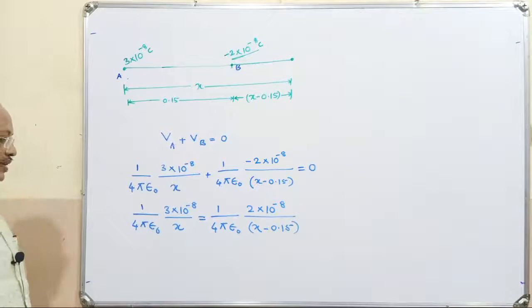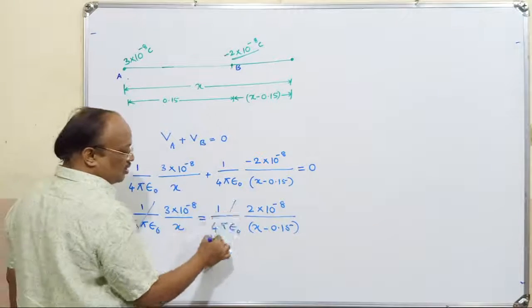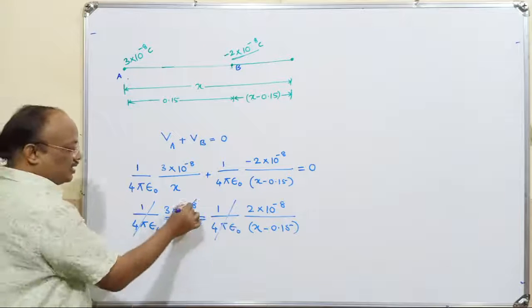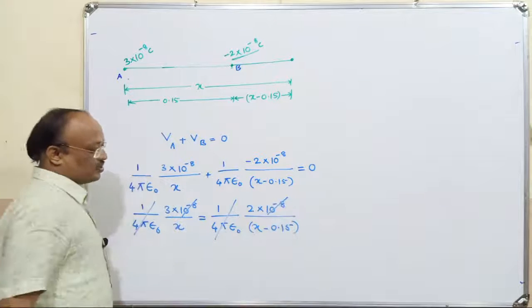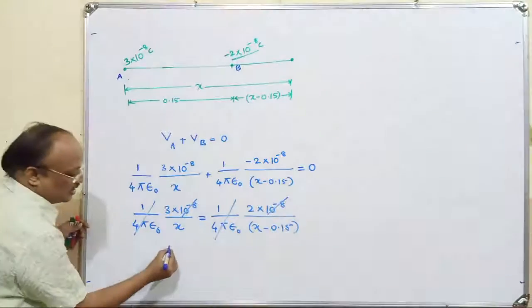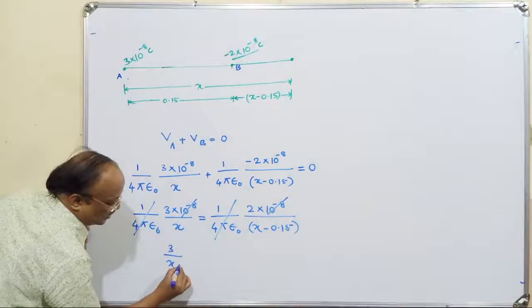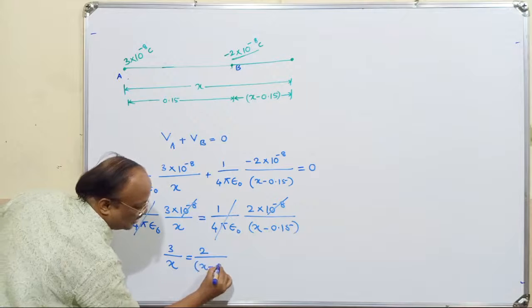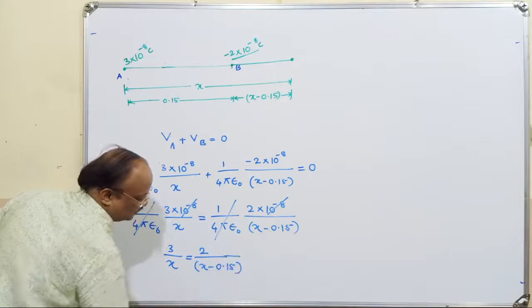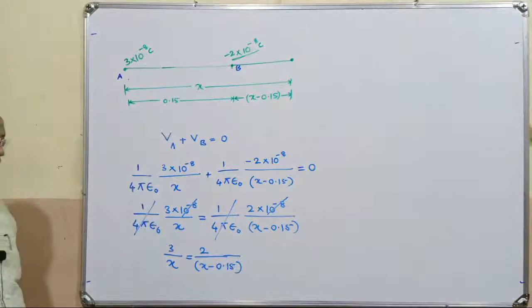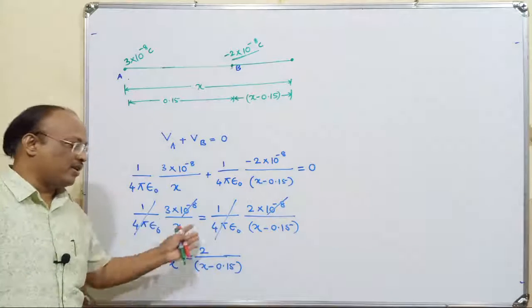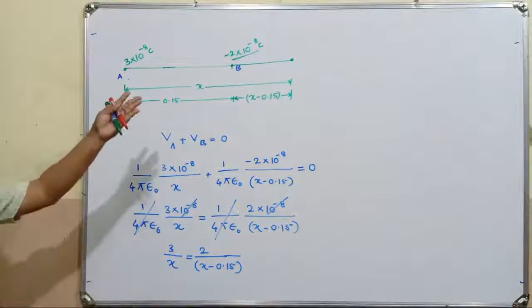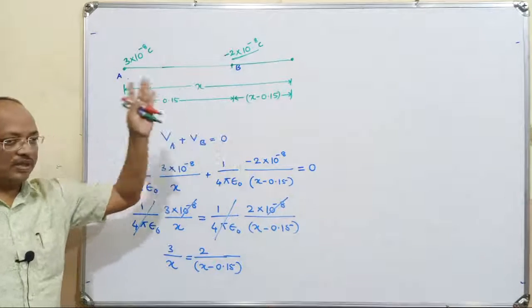The 1 by 4 pi epsilon naught cancels, and the 10 to the power of minus 8 cancels. So it is 3 by x is equal to 2 by x minus 0.15. If you solve for the value of x from it, you will get how far it is from this point.